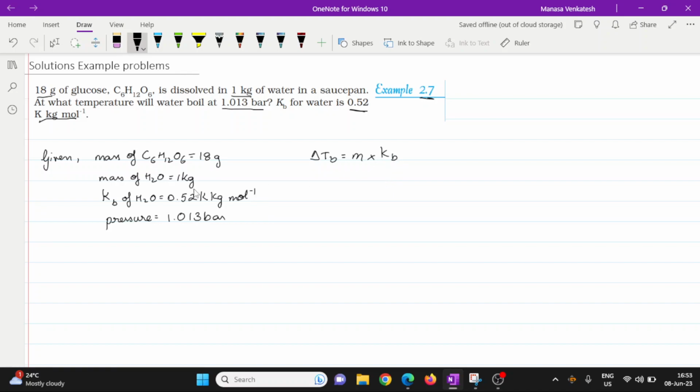We have the value of Kb given over here. We need to calculate the molality of the solution. For the molality equation, molality will be equal to number of moles divided by the mass of the solvent.